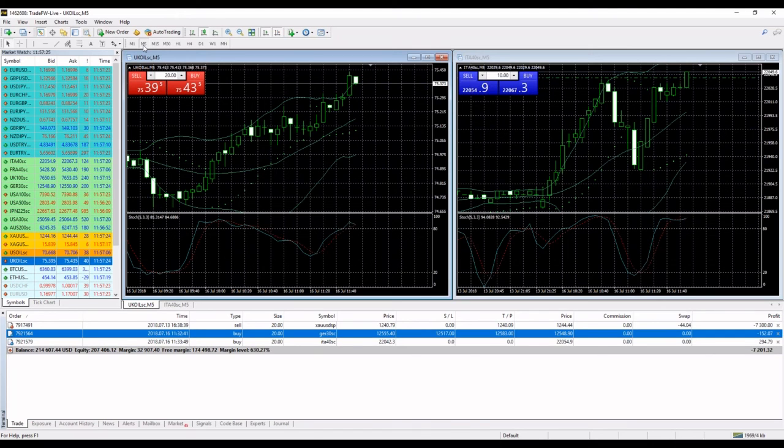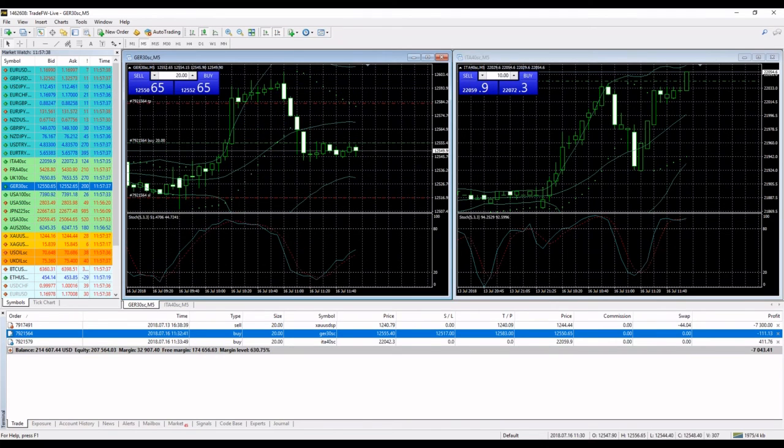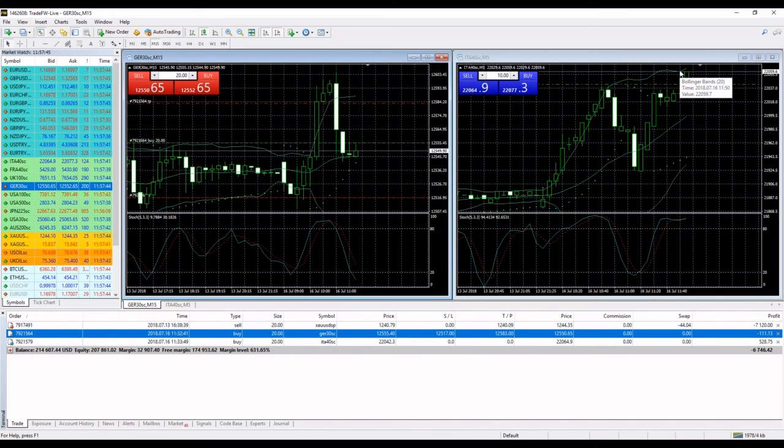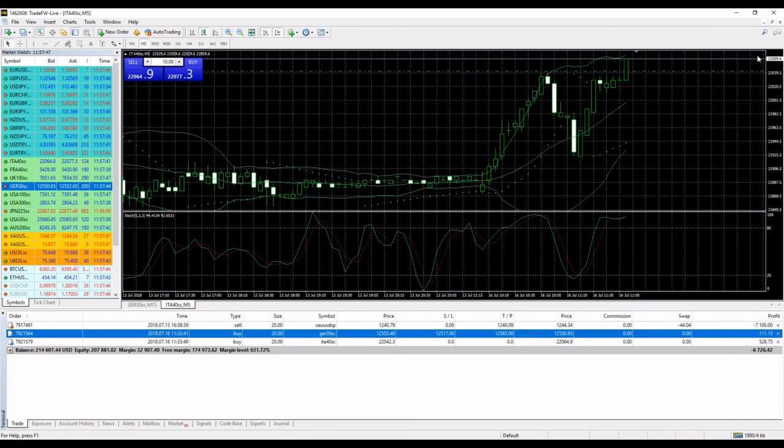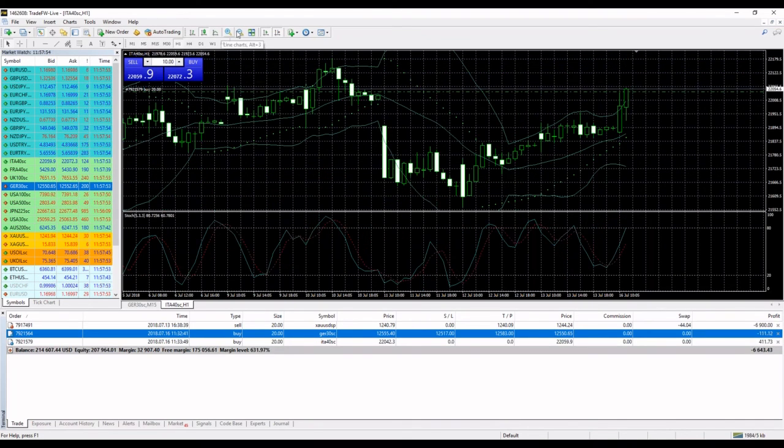Guys, by the way, our Italy 40 position is making right now $294. Let's check also DAX. DAX is stuck on the same level. Italy 40 is making 529. Let's go on a higher time frame to see if we have any exit level soon. 400, let's put our take profit.